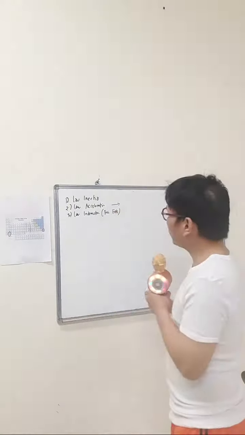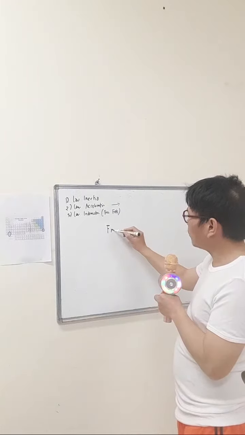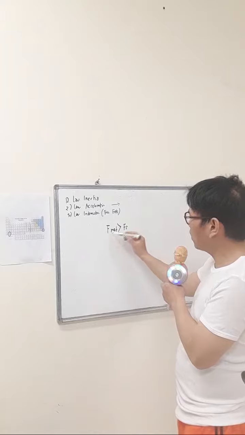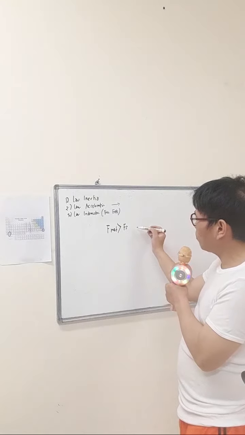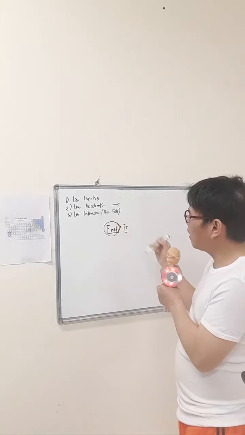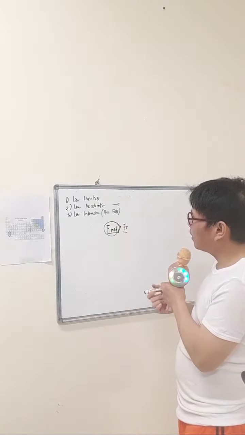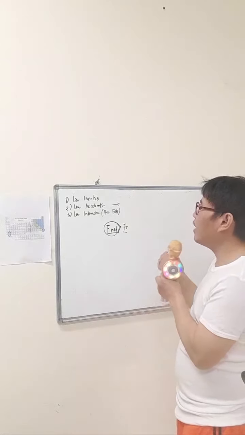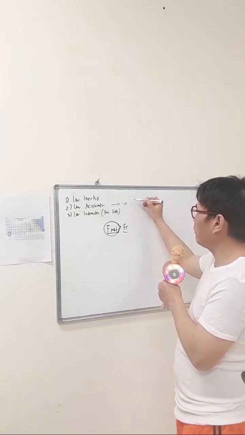So F net will always be greater than your static frictional force. F net must be large enough for any object to move, and that is the second law of acceleration.